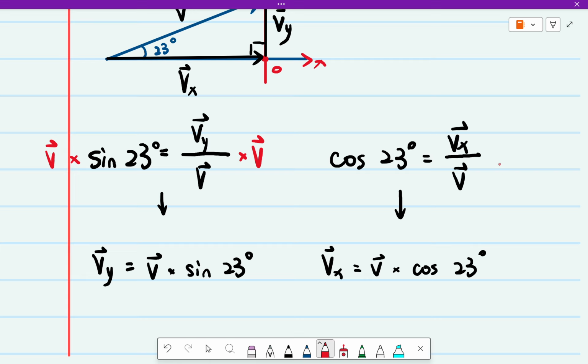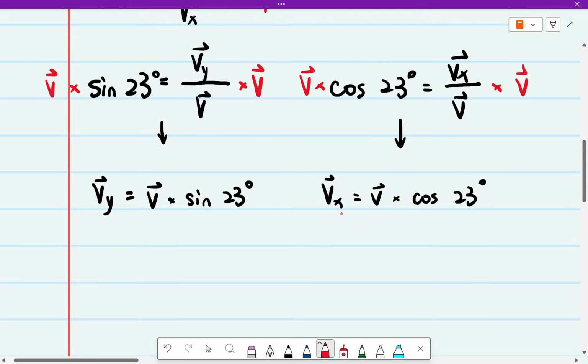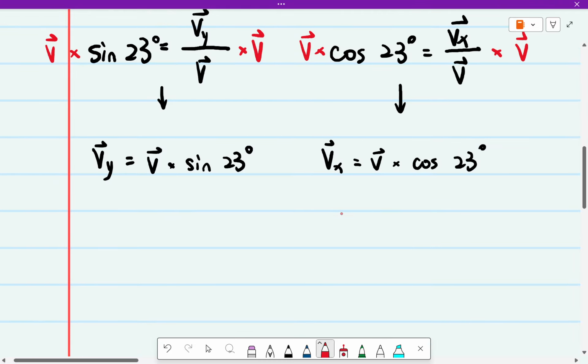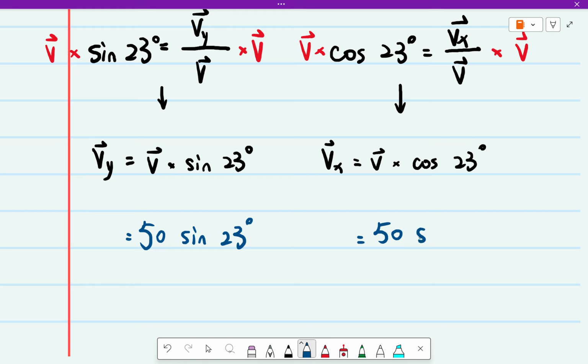And what we do here is we also multiply V on both sides. So we will obtain these two equations like this. And now we can just simply substitute the magnitude of the original vector v into these two equations, which will give us 50 sine 23 degrees and 50 cosine 23 degrees.